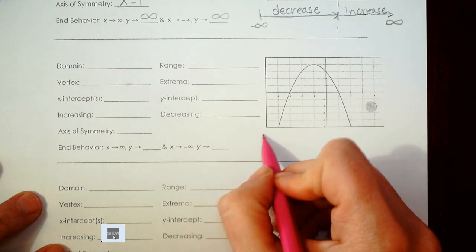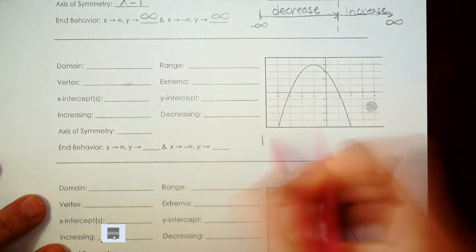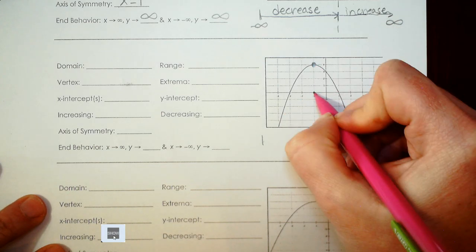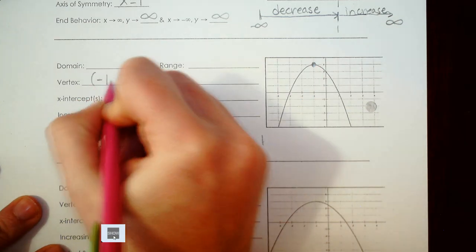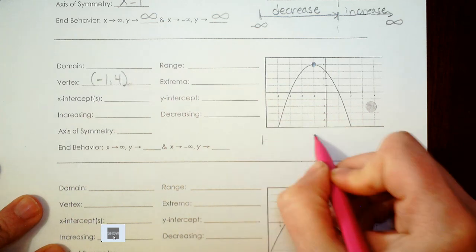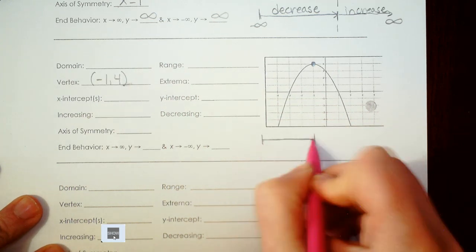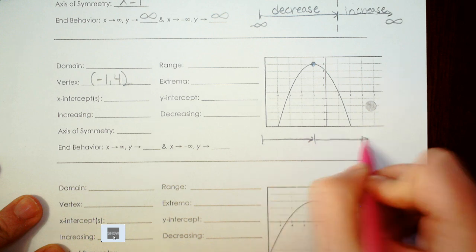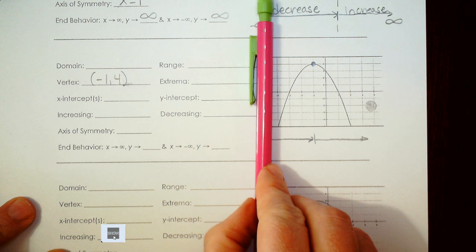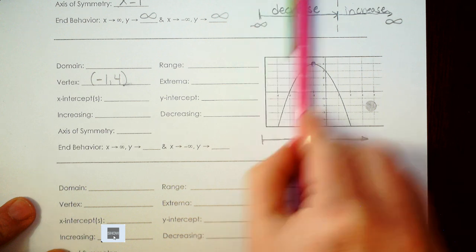Okay, so starting here, and then here's our vertex. Okay, our vertex is (-1, 4). We can go ahead and write that. So from here to here, something's happening, and then from here to here, something else. So this one, starting on this side, it's going up first.